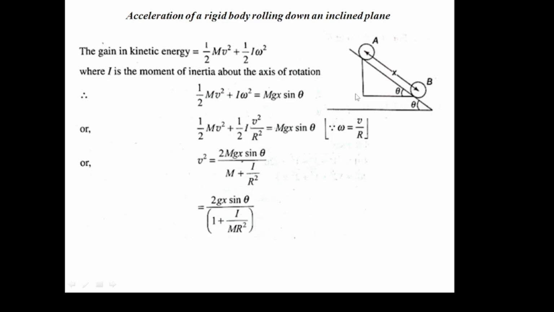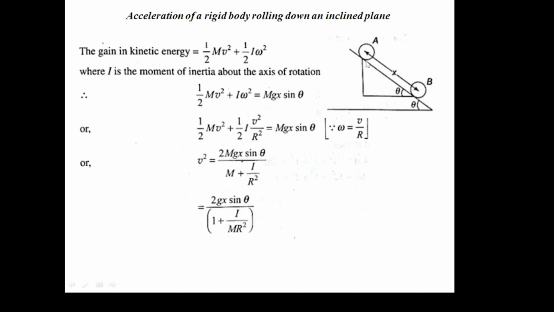At the initial position A, the velocity of the body will be 0. After traveling a distance x along the plane, let the velocity at position B be v.